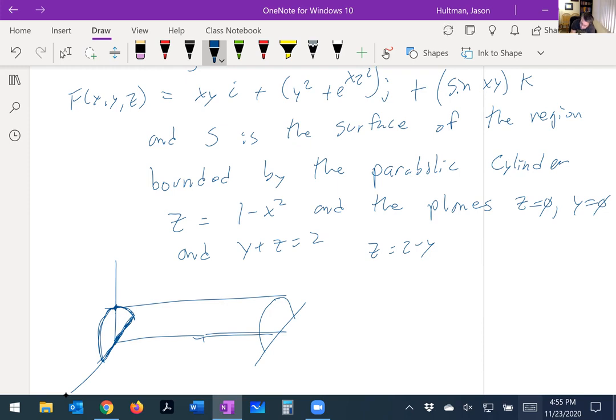When y is 0, z equals 2. And when z is 0, y equals 2.